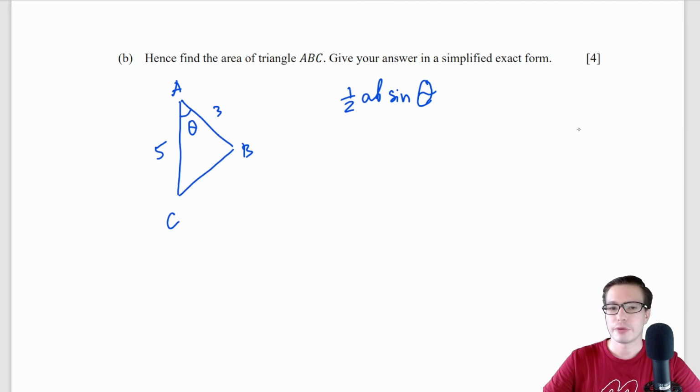Okay, from the previous question, we already know the cosine of the angle. That was a third. And to find sine of the angle, we could use probably the most famous trigonometric identity.